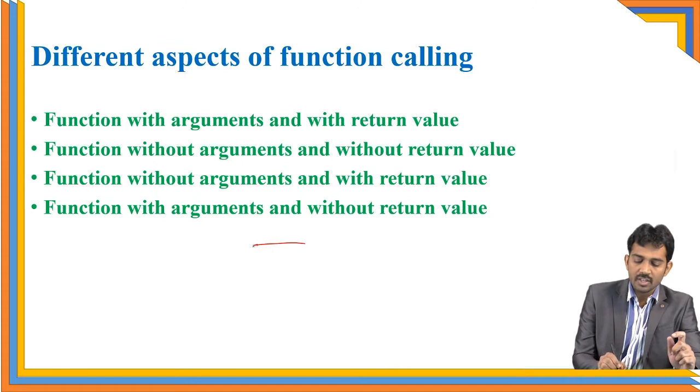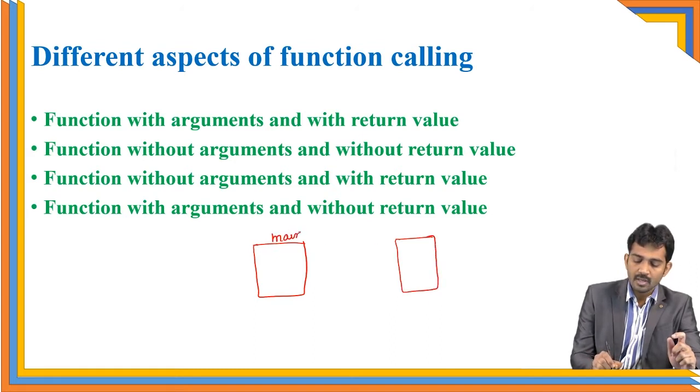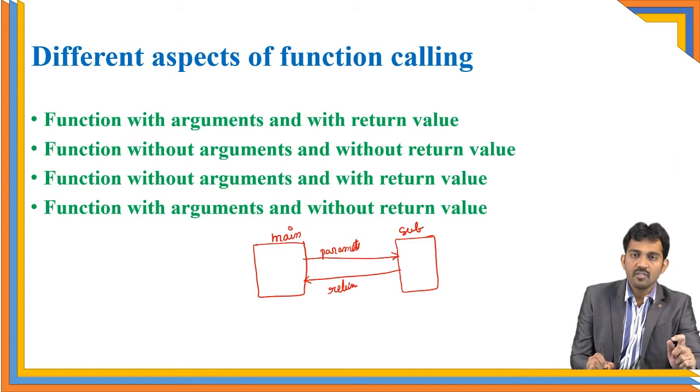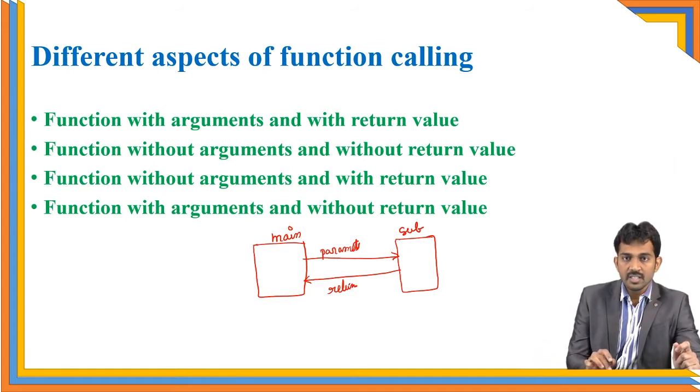This is the main function, and this is the sub function. I sent the parameters, and I also retrieved the return value. So this is the first category: sending the parameters and receiving the data.